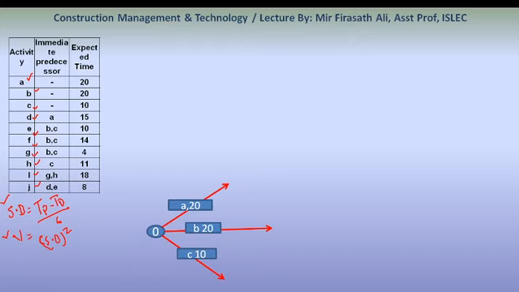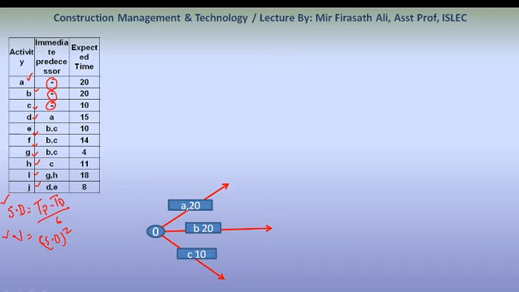As for A, B, C, we do not have any predecessor over here. For activity A, there is no predecessor. For activity B, there is no predecessor. For activity C, there is no predecessor. So A, B and C are starting activities.